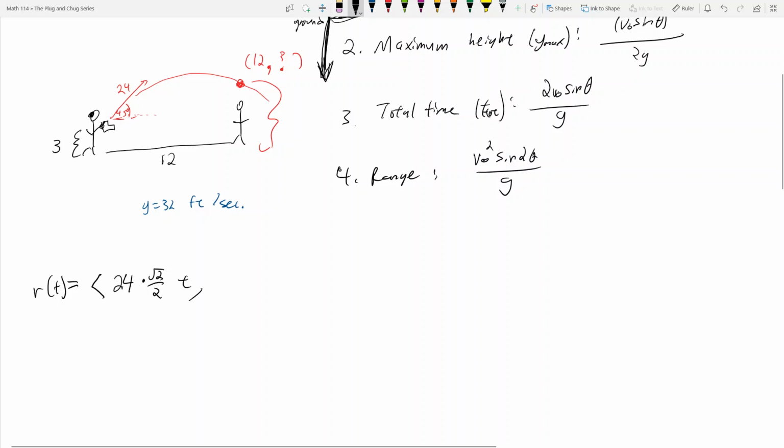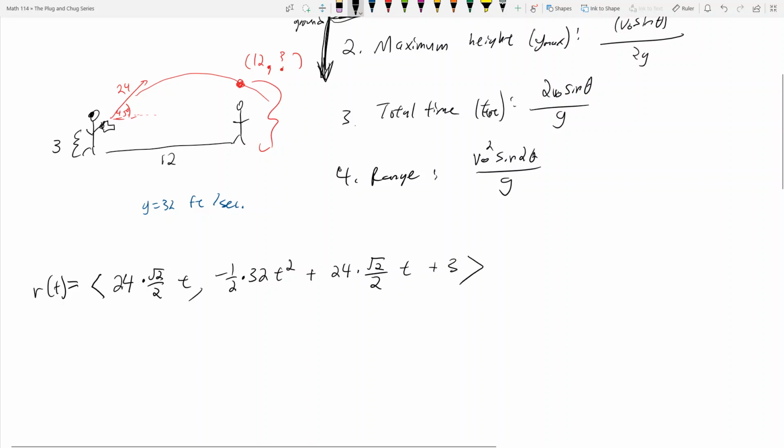Then you have negative 1/2 g t squared, so 32t squared, plus v naught sine theta t, which is 24 times sine of 45 degrees, still root 2 over 2, times t. And then plus the initial height, which is 3.